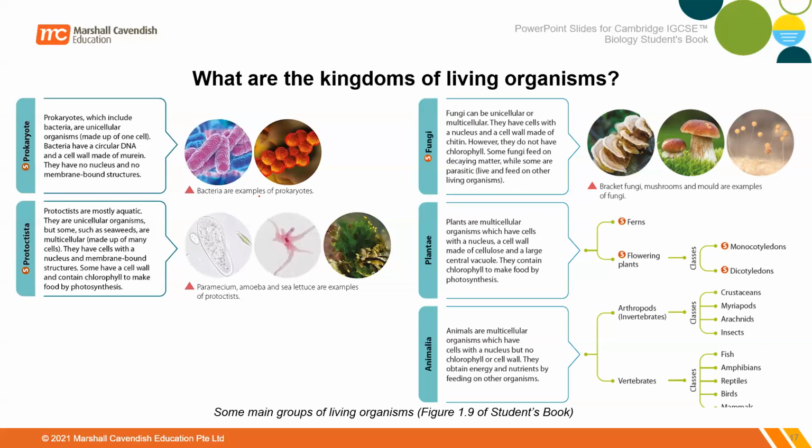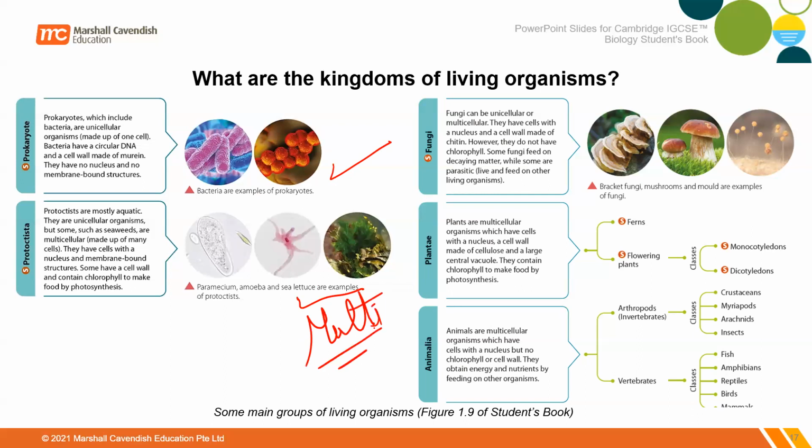The second kingdom is called Protoctista, or Protoctists. Protoctists are aquatic, or I can say most of them are aquatic. They are unicellular organisms, but some of them are multicellular because, as we go from a simple group to the most complex or advanced level, there should be some complexity. So it's not all unicellular, but some of them are multicellular organisms.